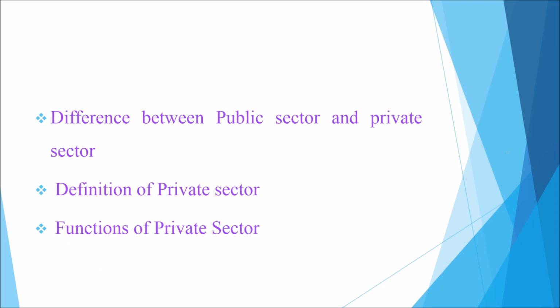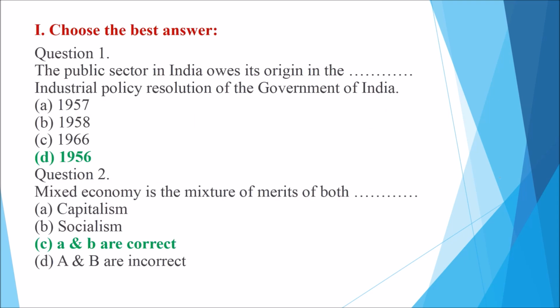Then we have discussed about difference between public sector and private sector, definition of private sector, and finally we have seen functions of private sector. Now we are going to revise the book back questions with answers.